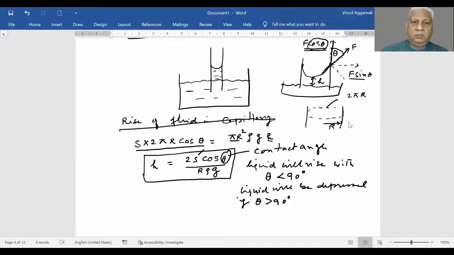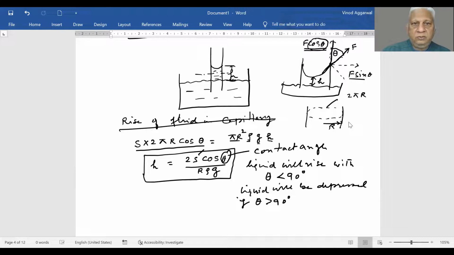Now, let us say this was our tube, which was sufficiently long, and water rose only up to this height. What will happen if we cut our tube to a height less than h?